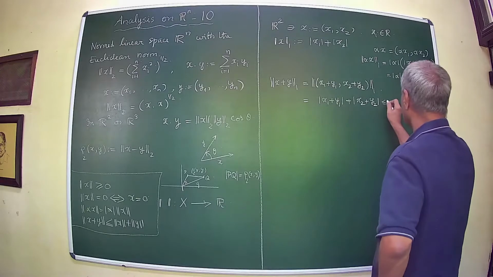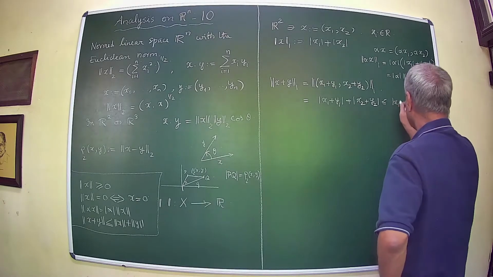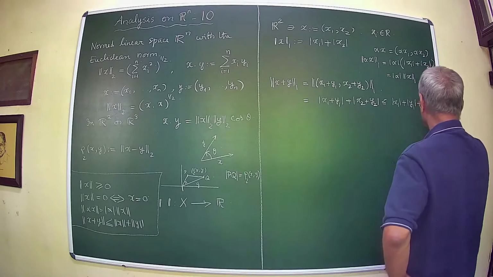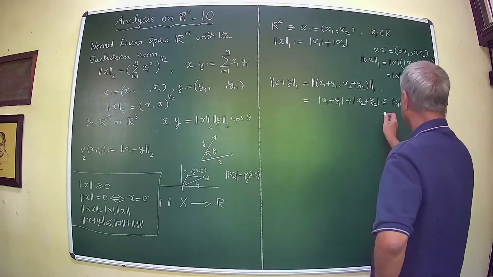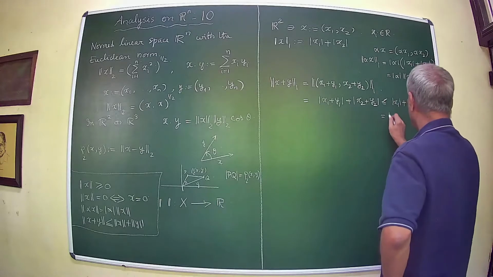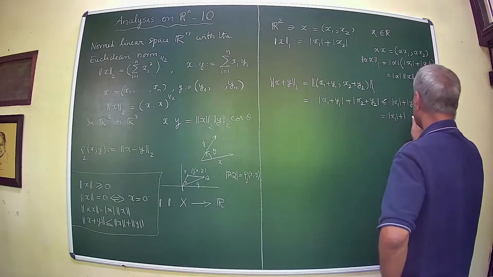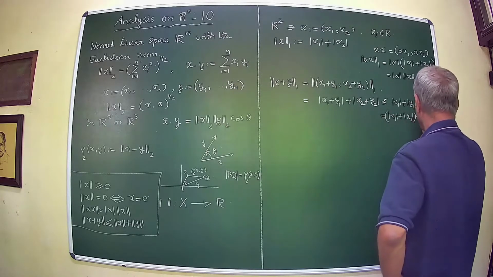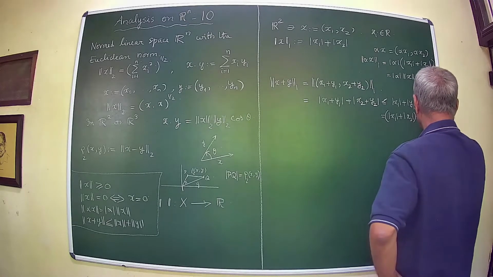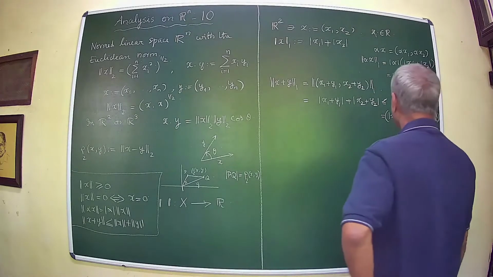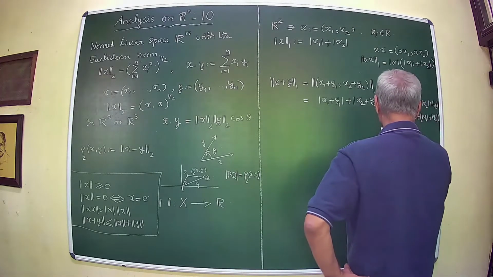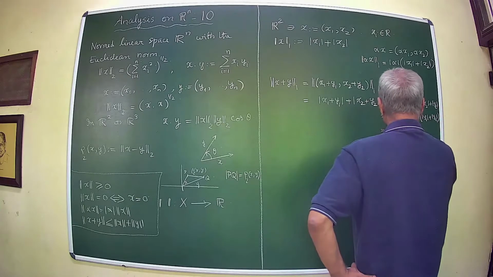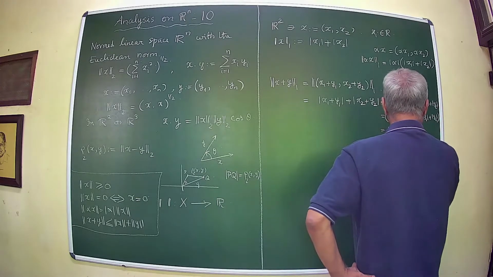This is less than or equal to mod x1 plus mod y1 plus mod x2 plus mod y2, and that is equal to mod x1 plus mod x2 plus mod y1 plus mod y2, and that's equal to norm 1 of x plus norm 1 of y.